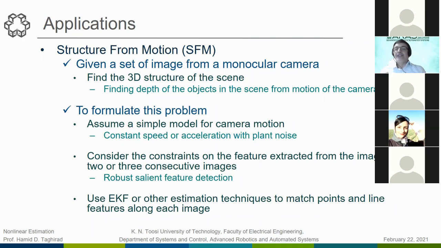Then we can add some more, robust, adaptive, this kind of thing, to make it more sophisticated. Of course, not for all applications, but for many practical applications that I have been working on during my more than 30 years of experience in robotics and control, usually the simple idea works well. And why this is the case, I will hopefully, if I have time, explain at the end of the session.